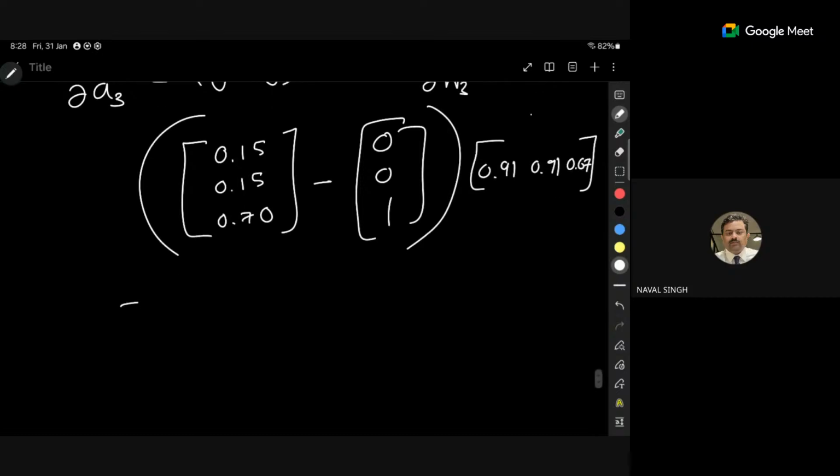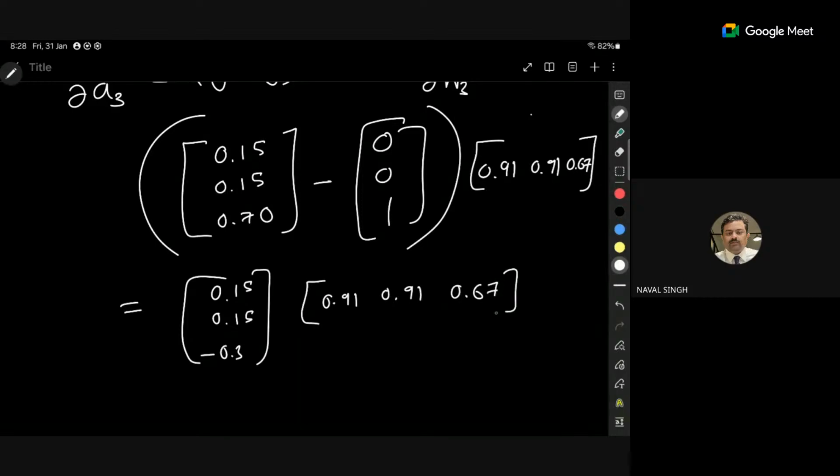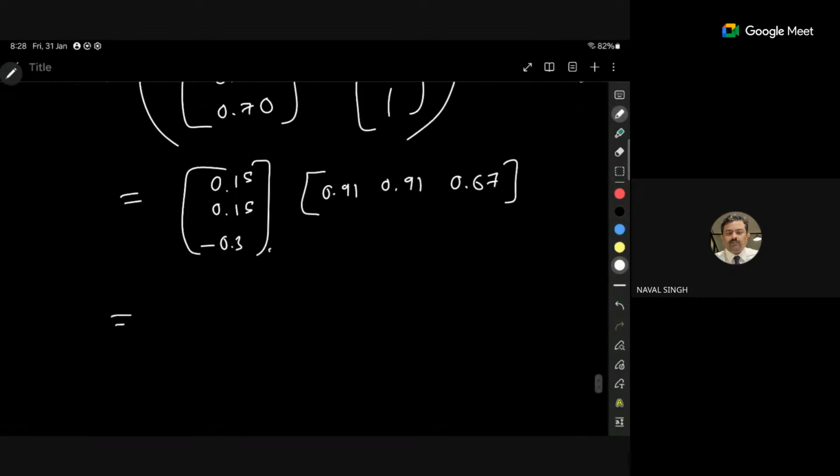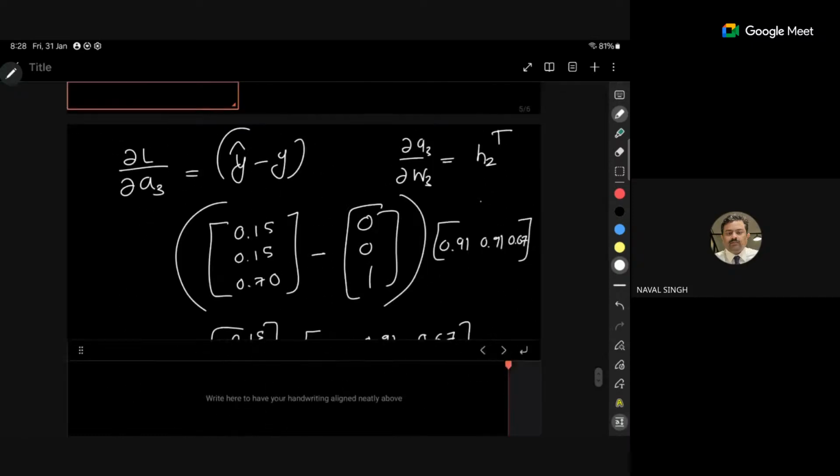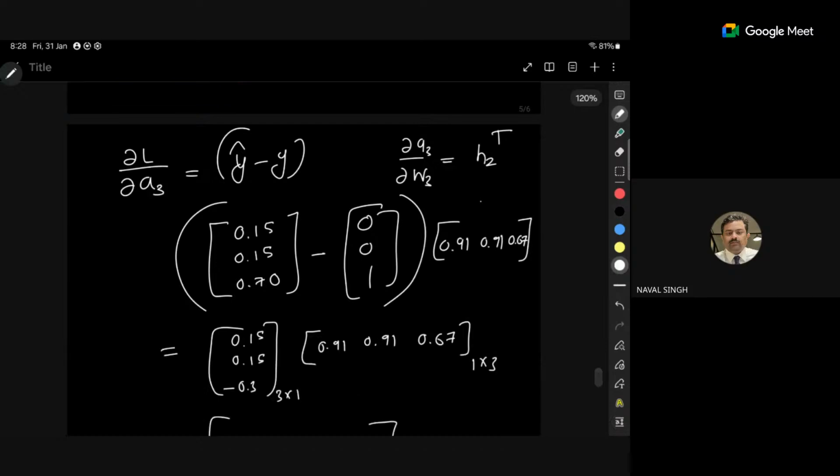If you do this, what you will get is 0.15, 0.15, minus 0.3. And this is another matrix, 0.91, 0.91. This matrix multiplication, if you do, this is 3 cross 1, this is 1 cross 3, what you will get? A 3 cross 3 matrix, correct?